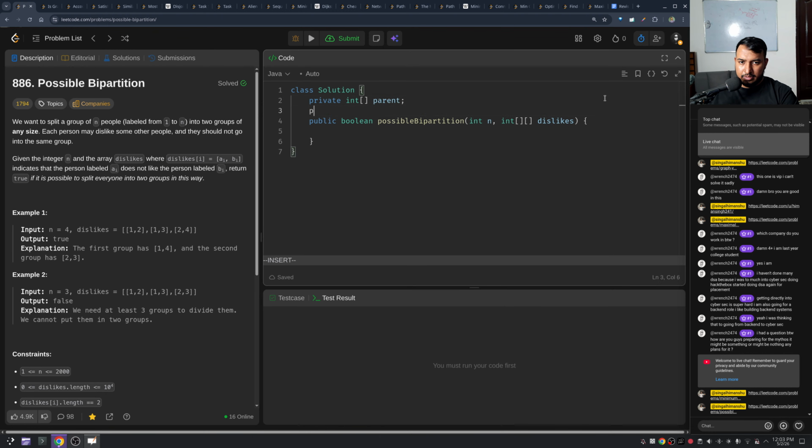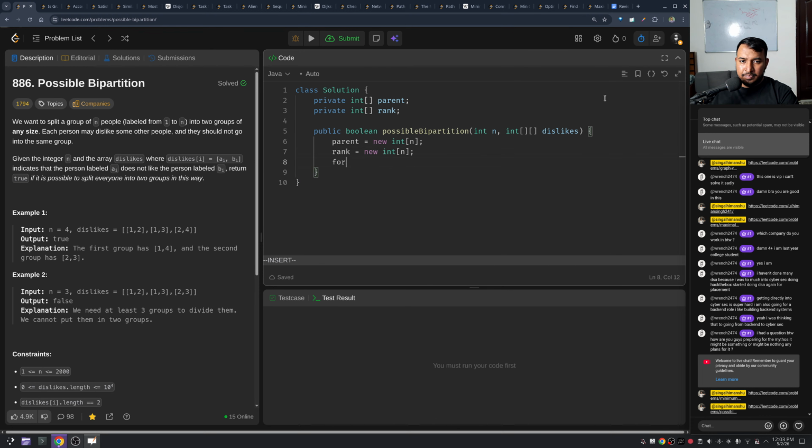Parent, and I'll do a rank. Parent is new integer of n, and rank is new integer of n. For int i equal to 0, i less than n, i plus plus, the parent of the ith node will be i itself, right? And we have dislikes.